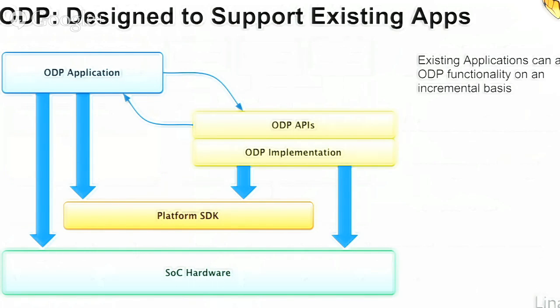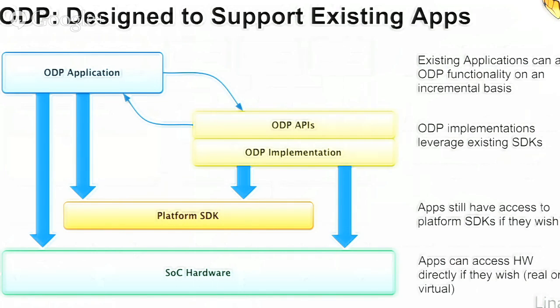And this is illustrated here as to the structure of how ODP relates to applications. So existing apps can add ODP functionality on an incremental basis, because as we all know, very few programs are written from scratch. You have large existing bodies of code which have to migrate over time.